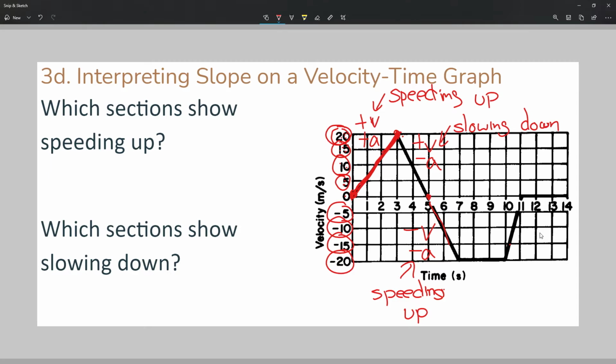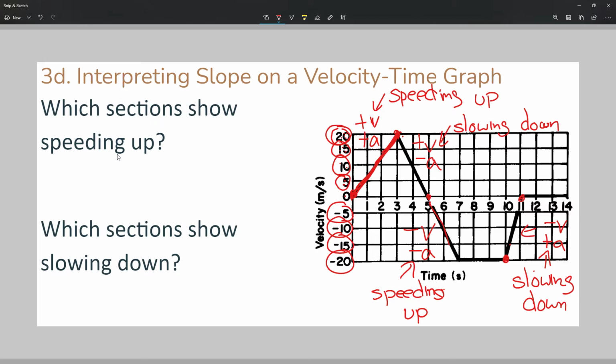Now from 10 to 11, we have a negative velocity, right? Our numbers are still negative. And our acceleration here is positive. We have an upward slope, and because they're opposite signs, we are slowing down, which makes sense because we start at negative 20 and we end at 0.